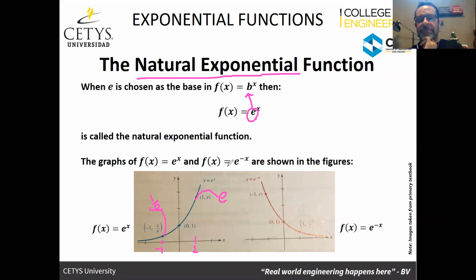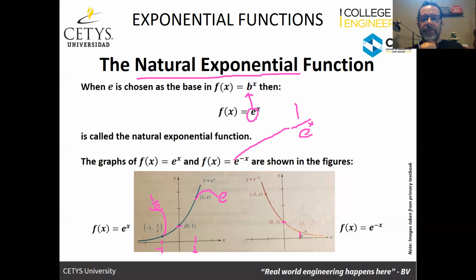Same thing happens with e to the -x. Remember that if the base were a fraction, so instead of working with e we would be working with 1 divided by e to the x, we mentioned that it's the same graph, but reflected. And so we've got the point (0, 1) in both of them, which is still where the graph crosses the axis.